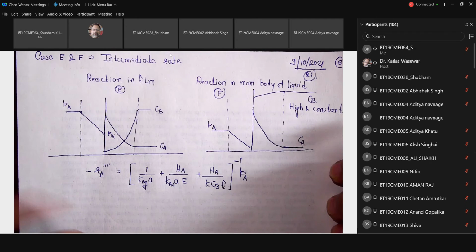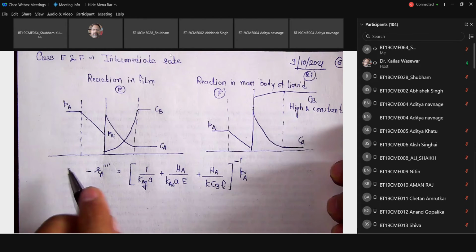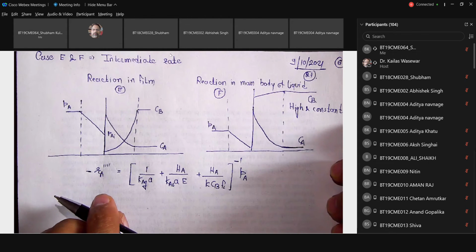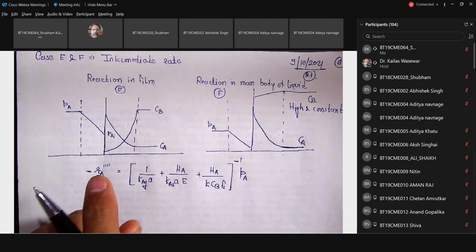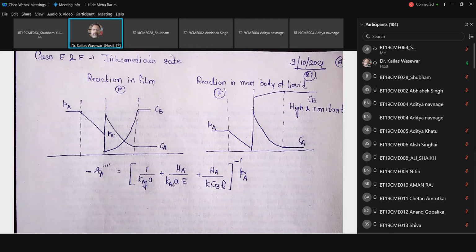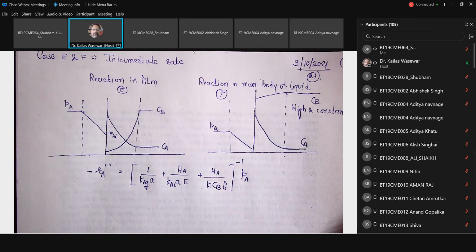Then last is slow reaction with respect to mass transfer, and H is the slow reaction, but infinitely slow reaction.